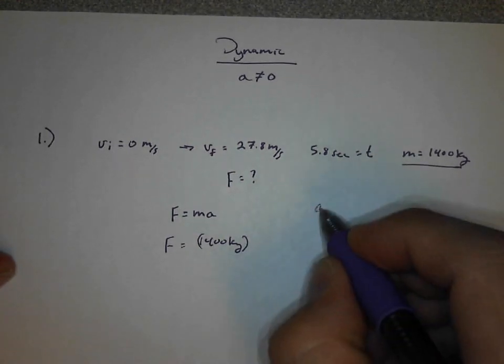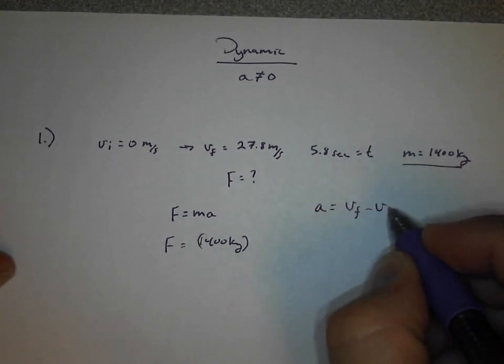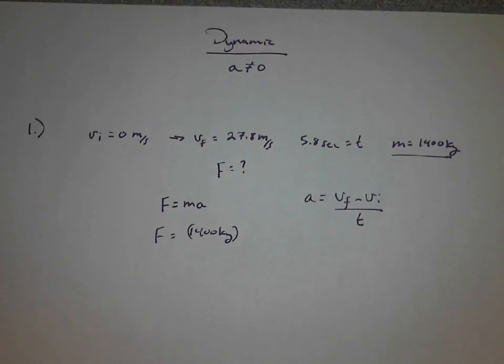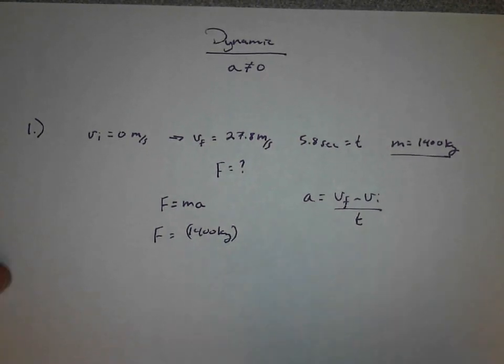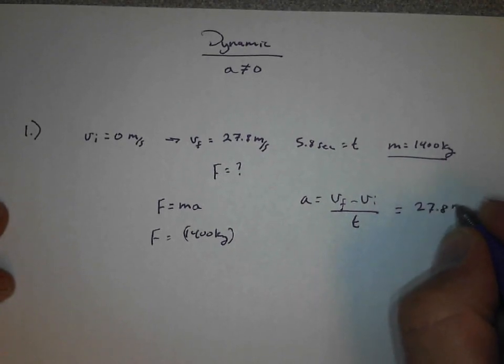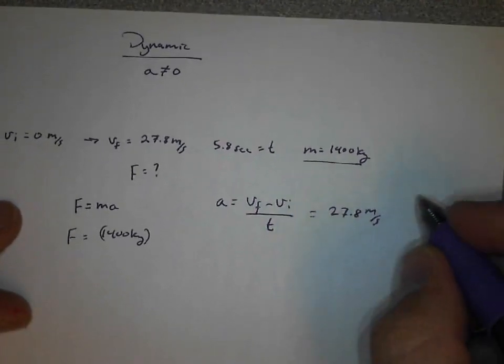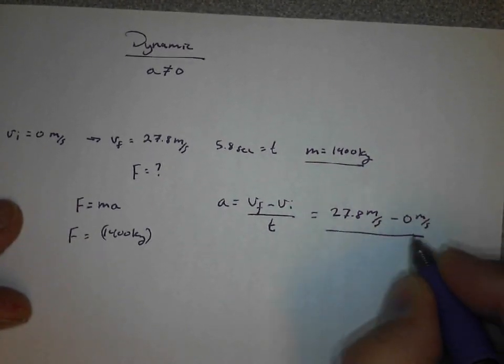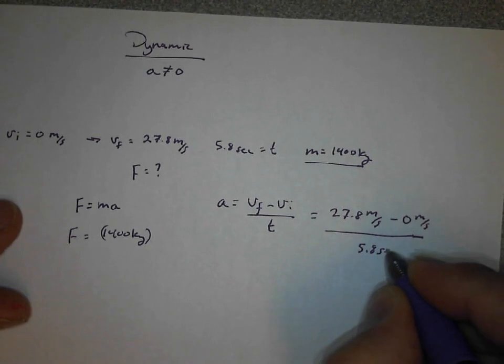Well, if we remember, our acceleration is Vf minus Vi divided by t, right? And so in this situation, I have all the information to solve for a. This actually turns into a pretty easy problem. We can go 27.8 meters per second minus 0 meters per second divided by 5.8 seconds.